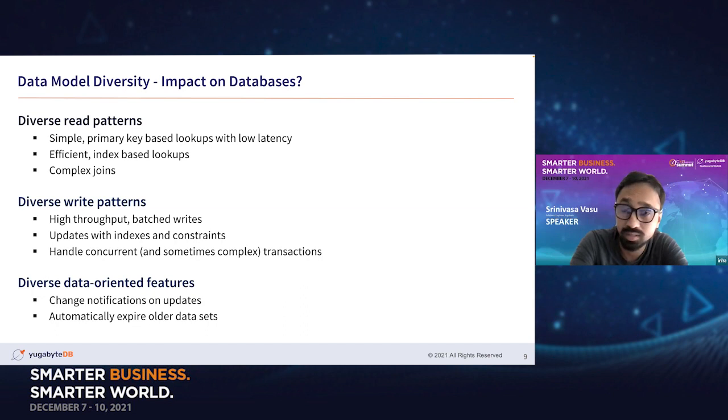But the data is still confined to a single instance that's running on a remote machine, which attributes a lot of latency per se. The read patterns are different, write patterns are different, and then these services have started to demand discrete data-oriented requirements like notifying different services in the entire system whenever there is an update, or automatically purging older data sets and so on and so forth.